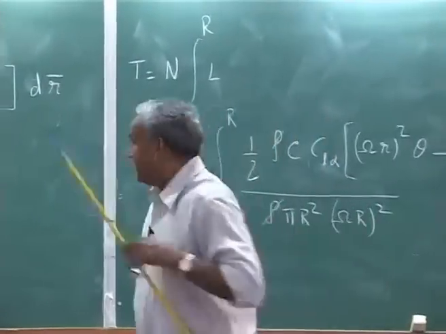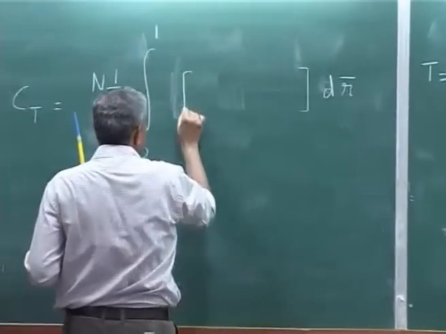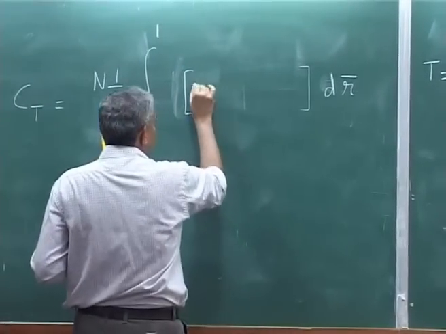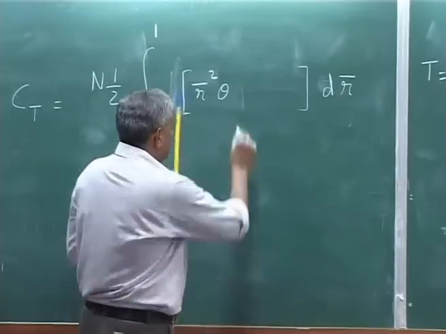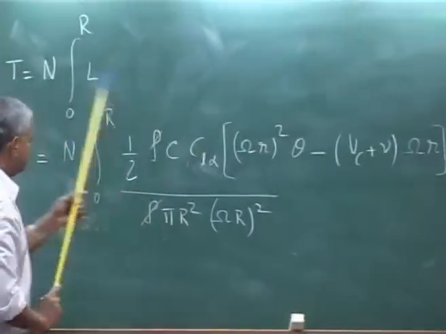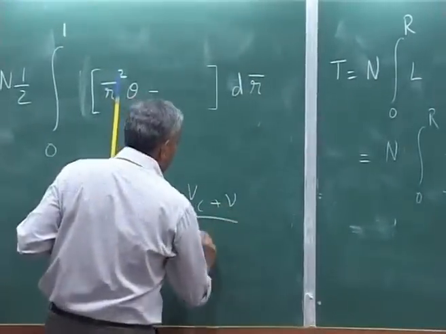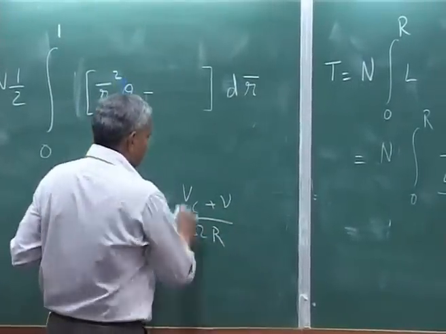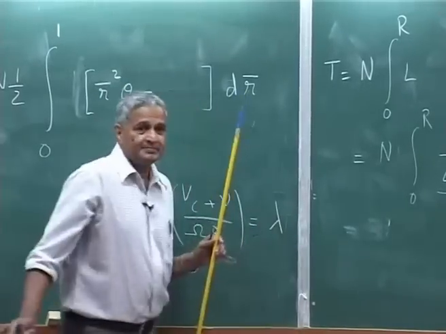Now, the inside quantity, let me first write it: r bar square theta minus, I am going to call this Vc plus nu over omega capital R by a new symbol which is lambda.